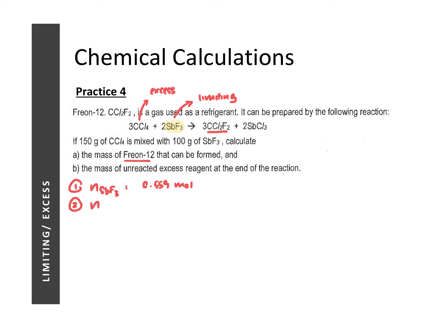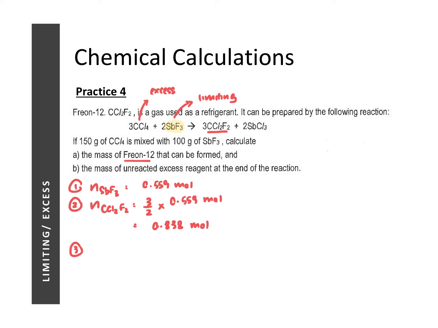So number of moles of CCl2F2 by comparing the mole ratio given in the chemical equation would be equal to 3 over 2 times the number of moles of your SbF3, and that would be equal to 0.838 moles again.